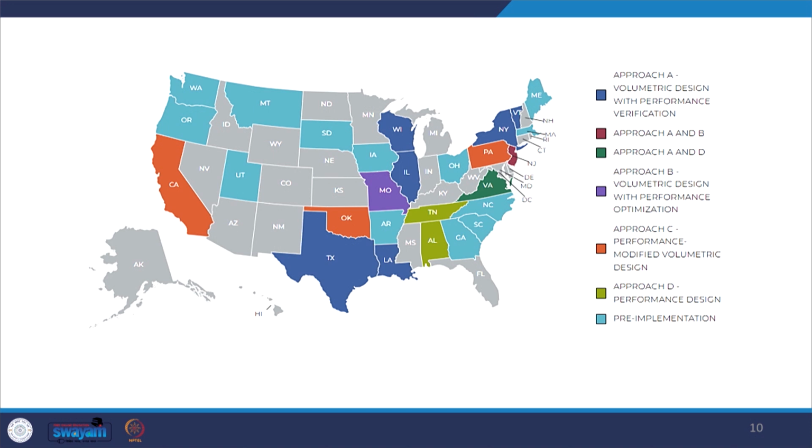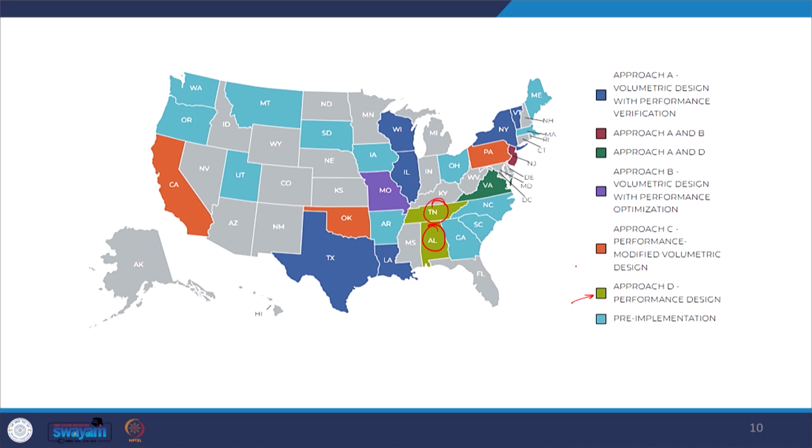You will see that mostly approach A and B have been adopted by various state agencies, and only very few agencies have tried approach D, which is more flexible and has a very high degree of flexibility and innovation associated.